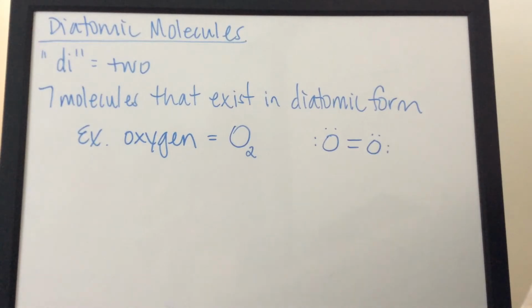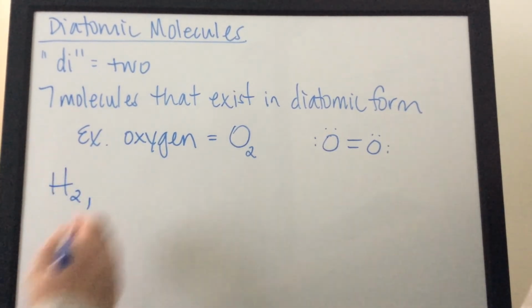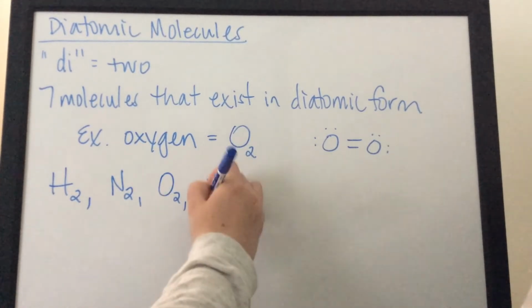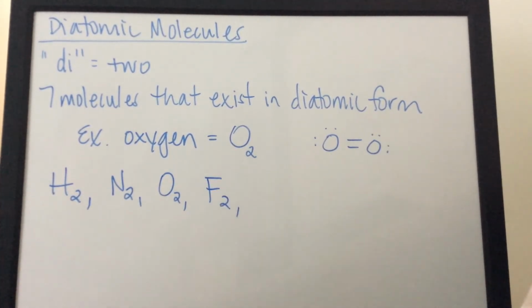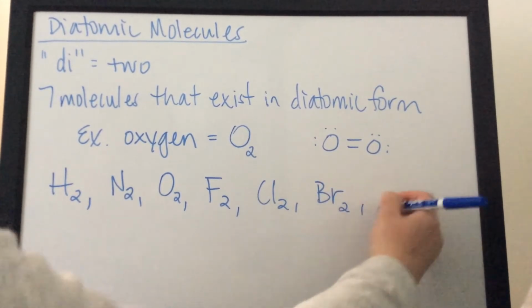There's 7 of them that you have to learn, so that when you are reading, you know, wait, that's one of the diatomics, and it's a 2, it's not a single atom. The 7 diatomics are hydrogen, nitrogen, oxygen, fluorine, chlorine, bromine, and iodine.